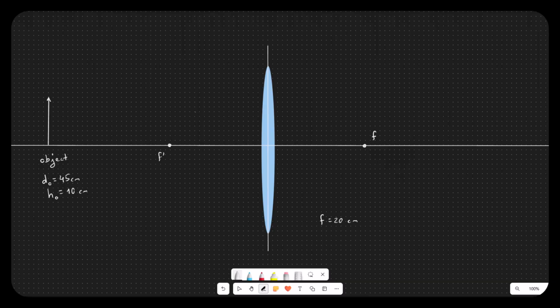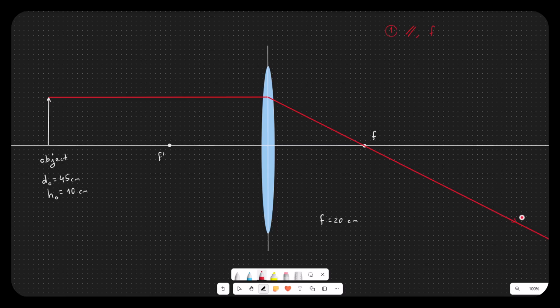Now I'm ready to get started. So now I'm going to do this ray tracing thing. Ray 1 is going to travel parallel to my axis and then through F. What I mean by that is I'm going to travel parallel to my axis until I hit the middle of my lens, and from there I'm going to go through my focal point.